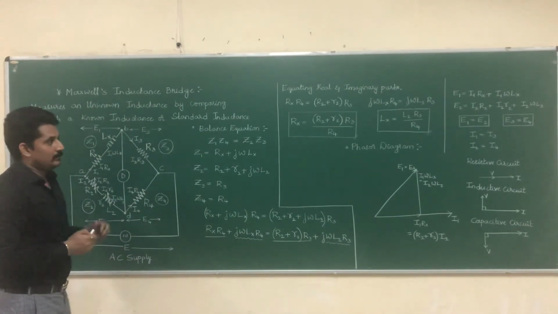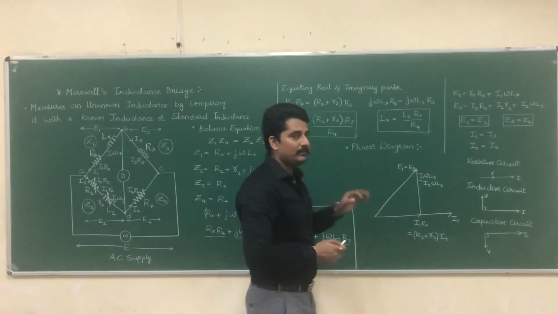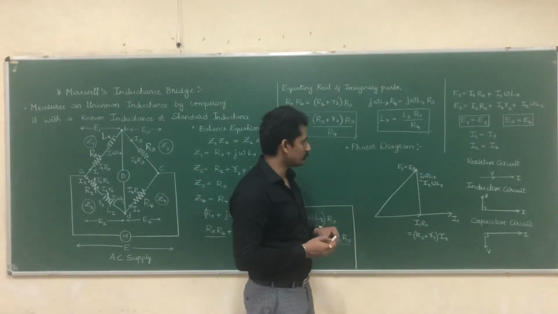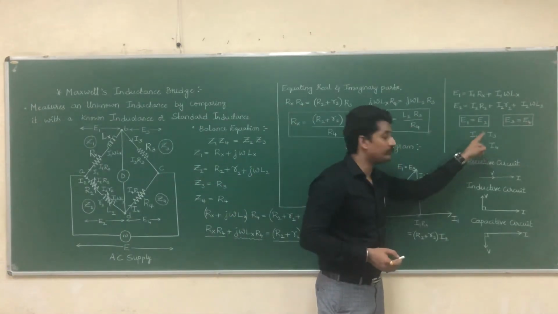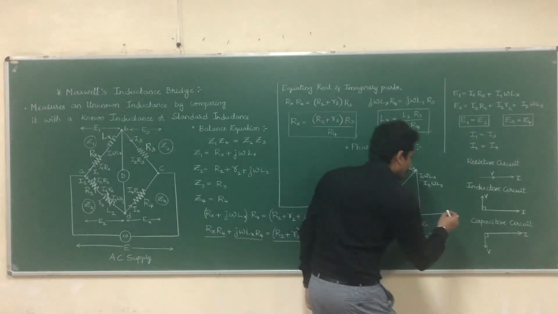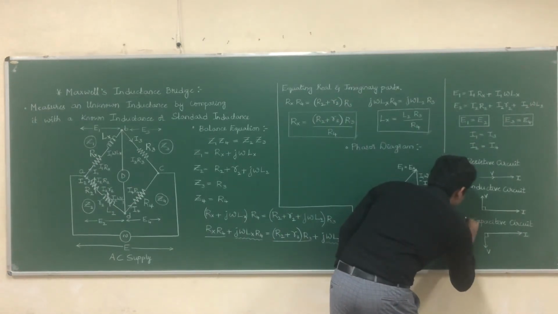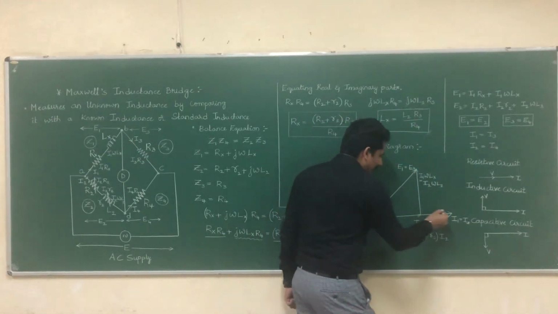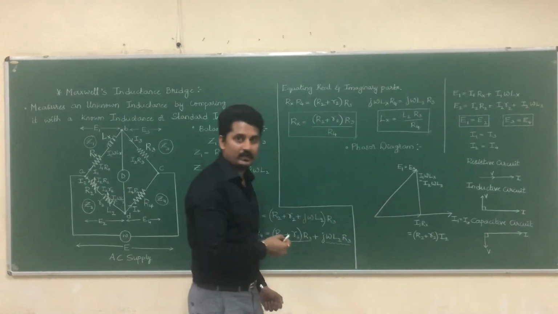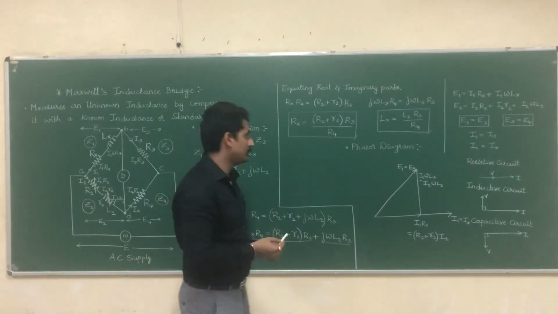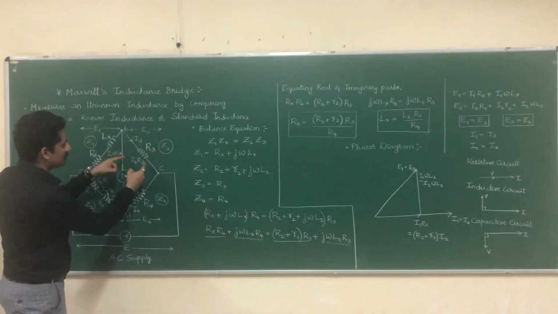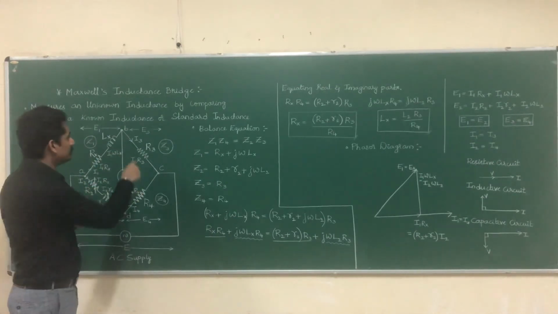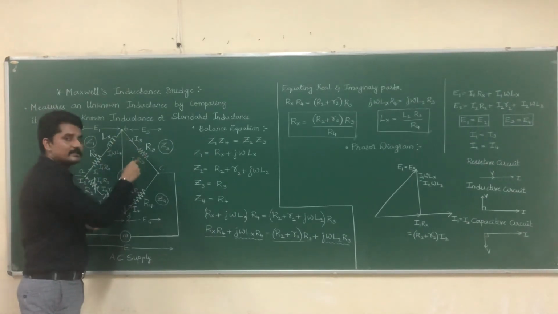Now from the balanced condition, we also know that the current I1 will be equal to I3. So what I can write? Current I1 is equal to I3. If I am having the current I3 here, the voltage drop across this, I3 R3, should be in phase, because we are having only a resistive circuit here.